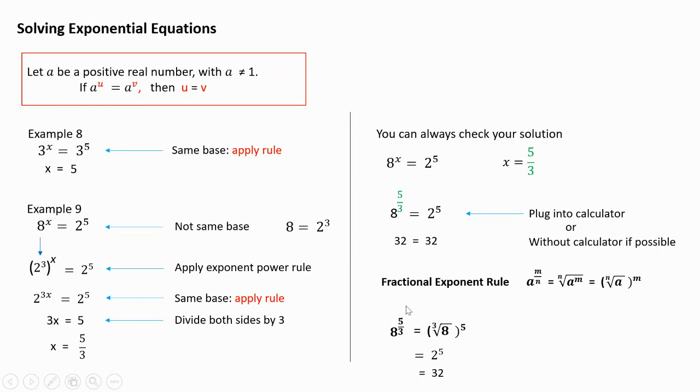This is how you do it without using a calculator, which I highly recommend. In this course, I believe you can use a calculator to verify your answer. But many instructors require work, and so do I. So you have to show me the work, and you can use your calculator to check your work.